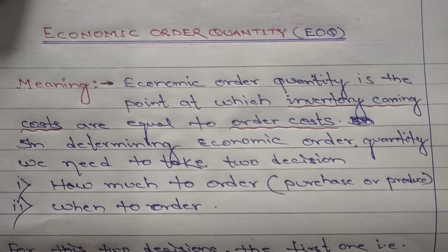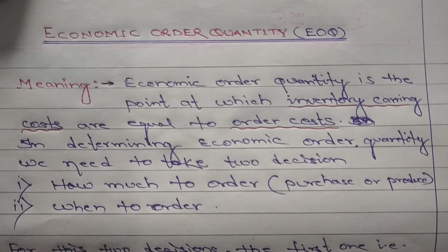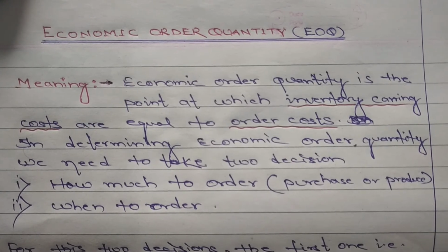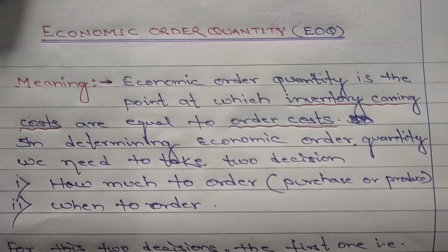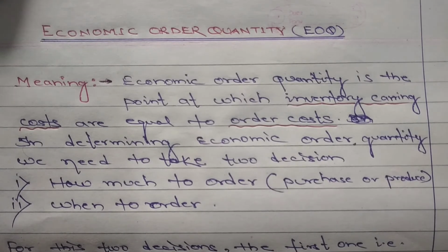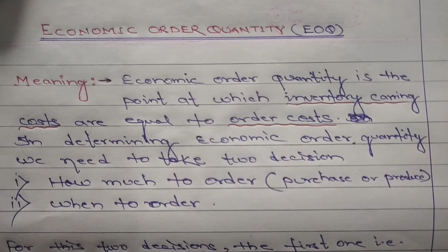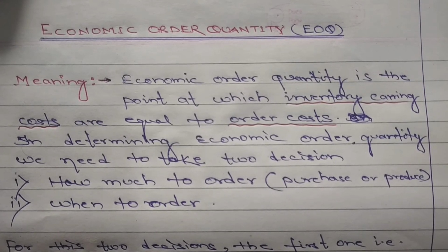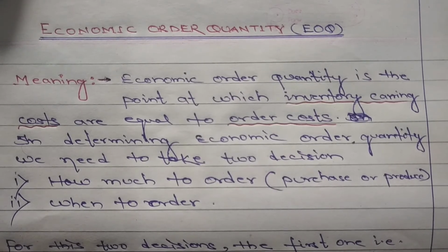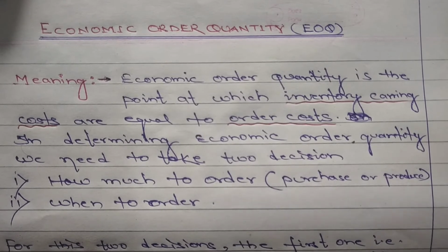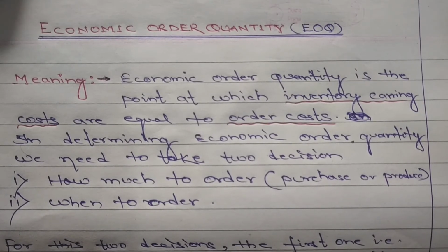And what is order cost? Order cost is basically the cost associated with the purchasing of materials. Every time you place an order, you need some cost: manpower and transportation costs. So every time you place an order, the costs incurred in those orders are the order cost. We'll understand these two topics, carrying cost and ordering cost, later.